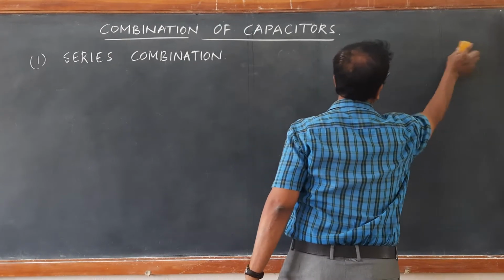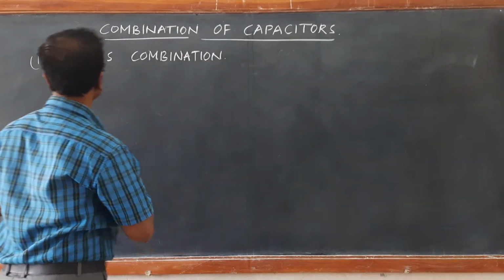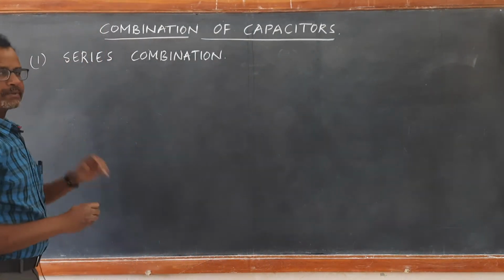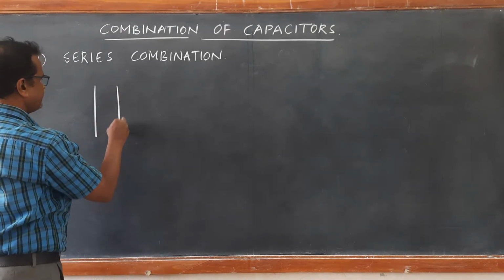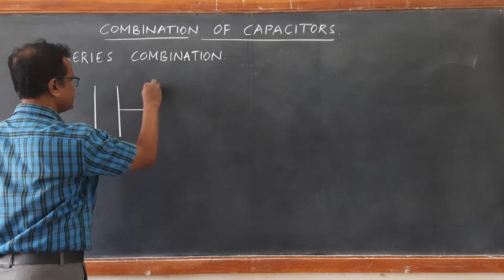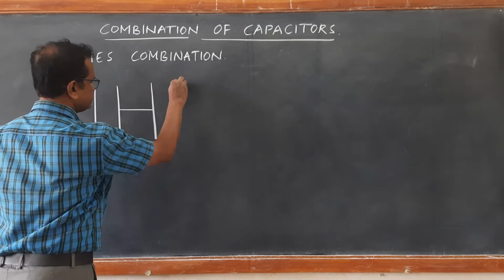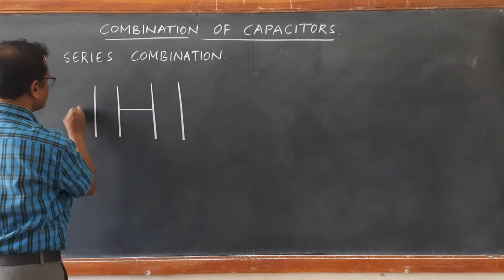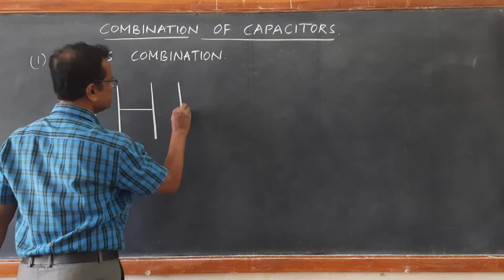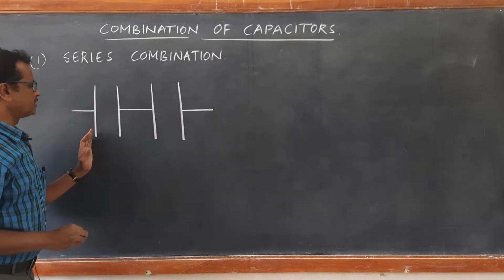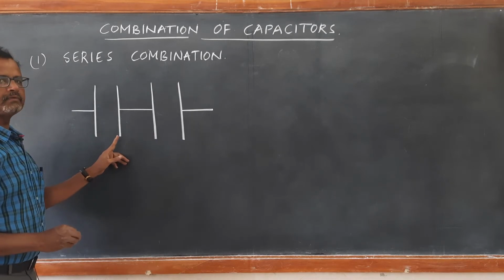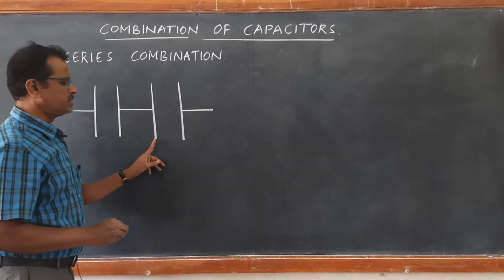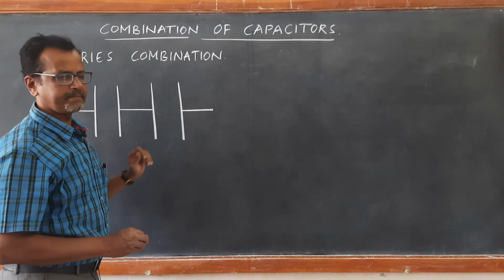So when two capacitors, let us say we are taking only two capacitors C1 and C2, are connected in this manner, these are the connecting leads. You can see the right terminal, the right side plate, of the first capacitor is connected to the first plate of the second capacitor.